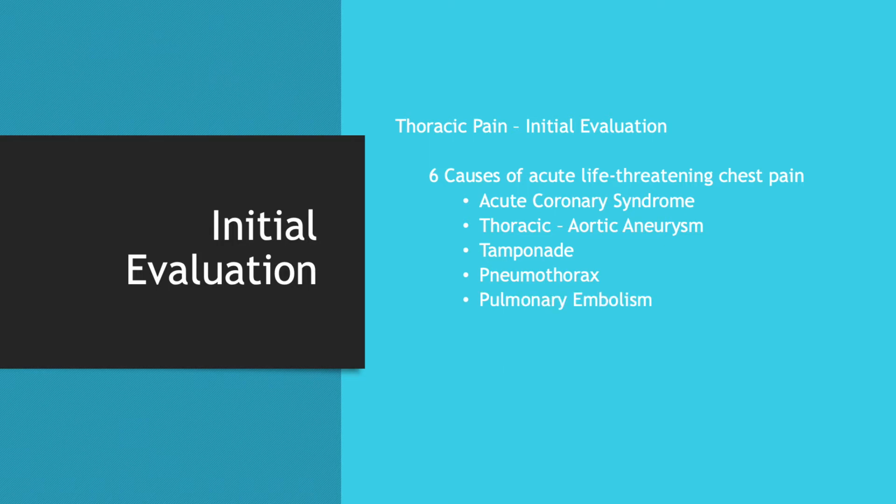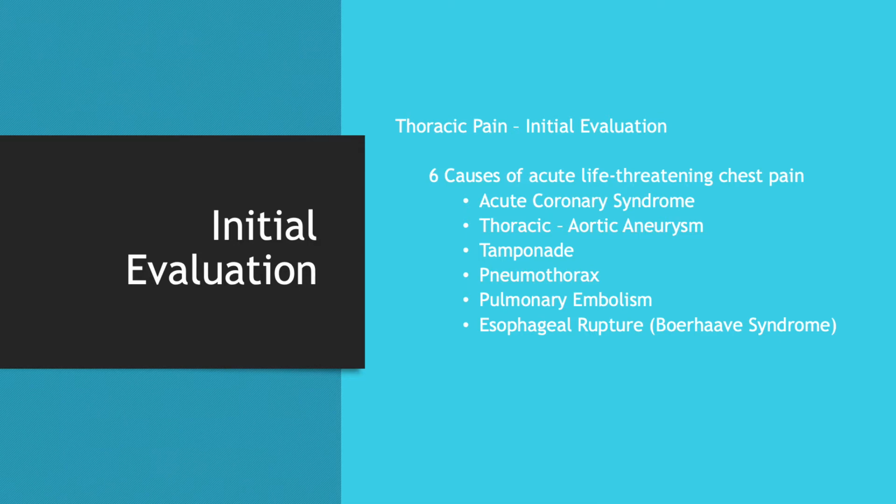Pulmonary embolism, again, from the history. Oh, I had a swollen leg. I just drove across country. There are whole calculators for pulmonary embolism that you can use based on pretest probability. But again, in the outpatient setting, do you order a D-dimer? Do you order a DVT ultrasound? If your suspicion is high for pulmonary embolism, you better start ordering the diagnostic test, which we'll get to in a second.